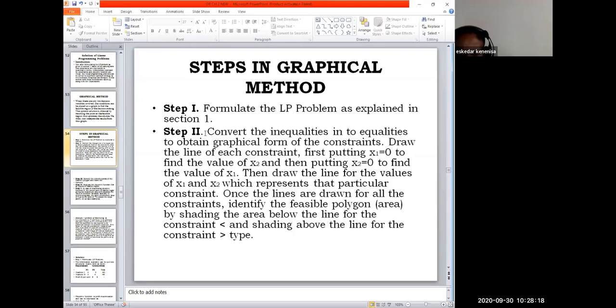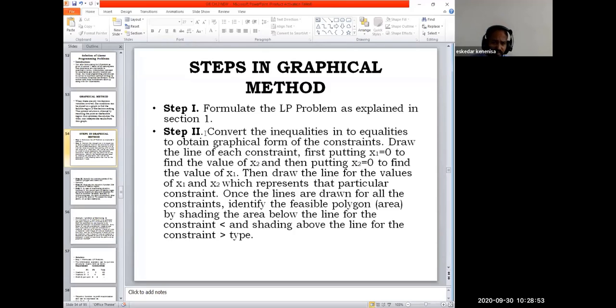Draw the line of each constraint first, putting x1 equal to 0 to find the value of x2. Then putting x2 equal to 0 to find the value of x1.